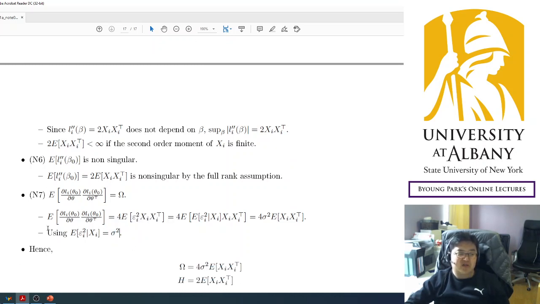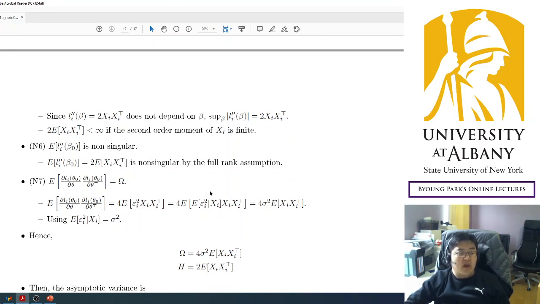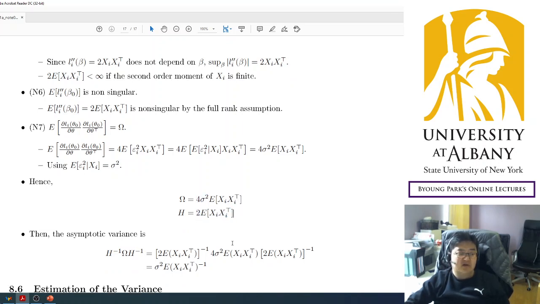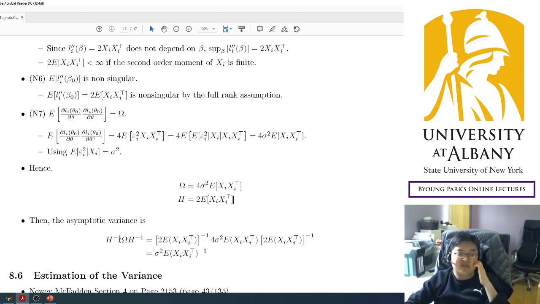Anyhow, under this assumption, we can use this form. And then from 6 and 7, you have omega and H, and applying the result, you have the asymptotic variance of this form. So the asymptotic variance is H inverse omega H inverse.